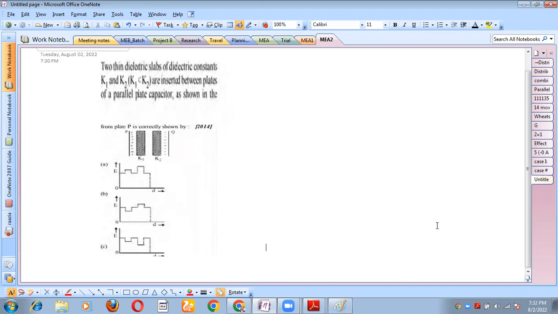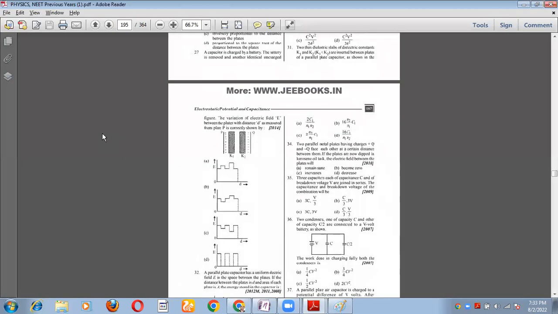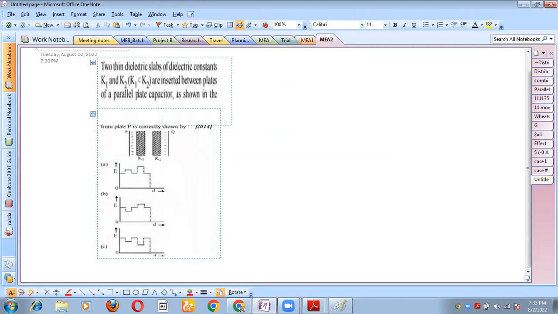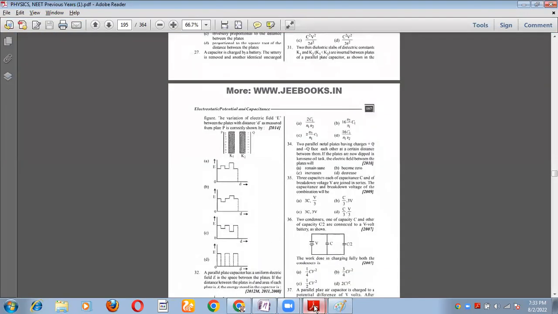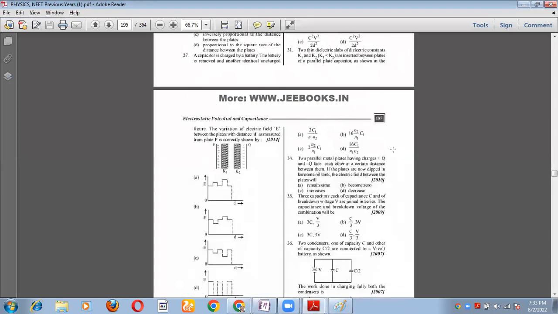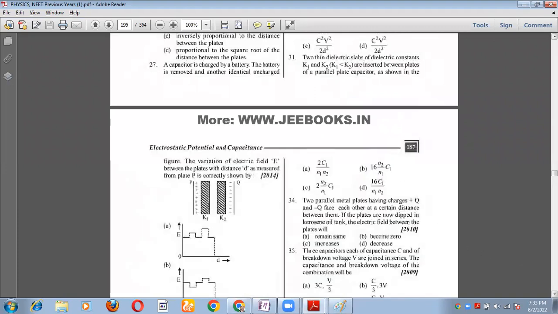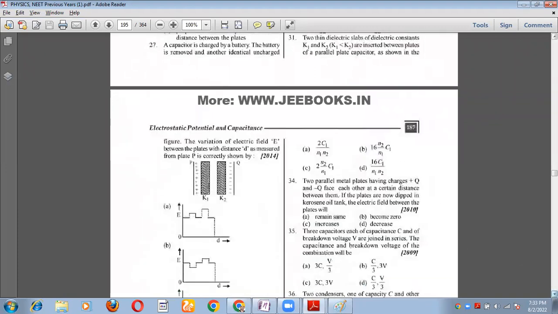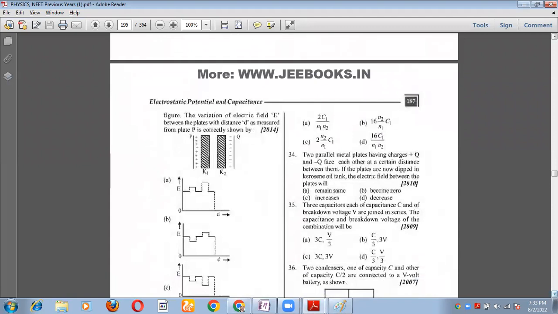We have to find the electric field from plate P. Read from this one, it will be better. We have to find the variation of electric field between the plates with distance.